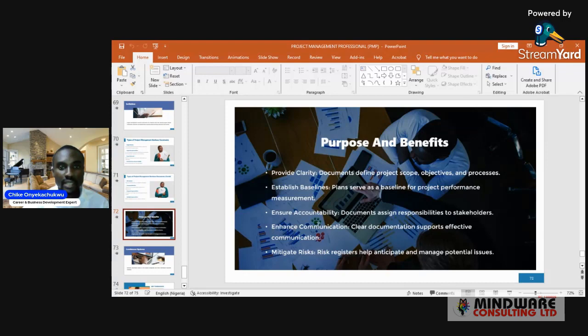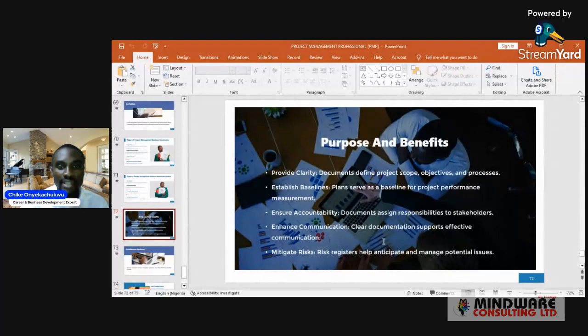Okay. Thirdly, ensures accountability. These documents assign responsibility to stakeholders. So you know who's responsible for what. You know who to hold accountable for each responsibility or each task within your project.